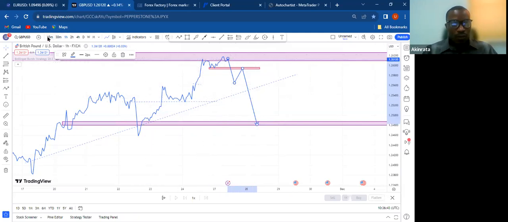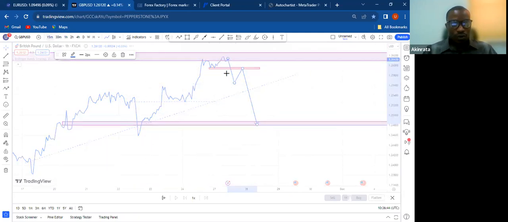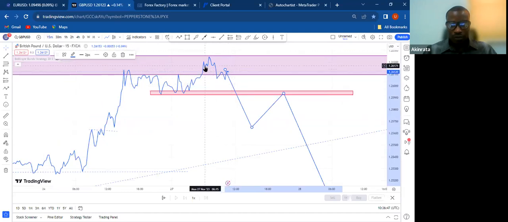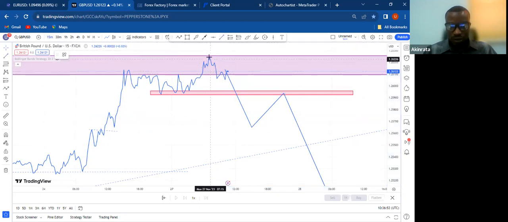So I won't look forward to buy anymore. I'm not going to look forward to sell. And we have a break here, a break of this structure. Then where are we selling? So I think here, yeah, let's see.